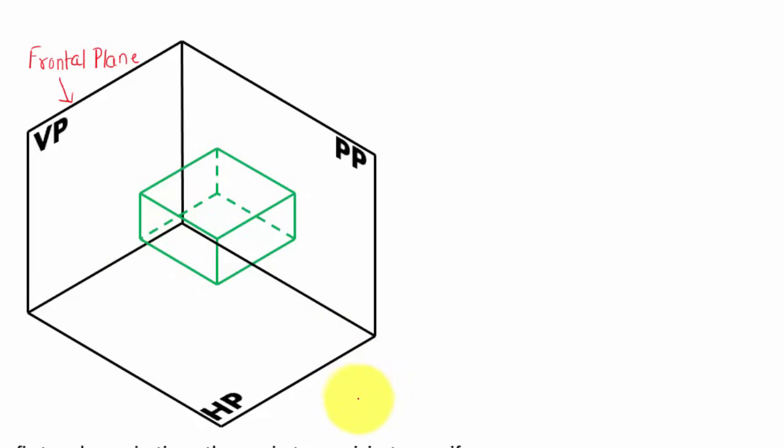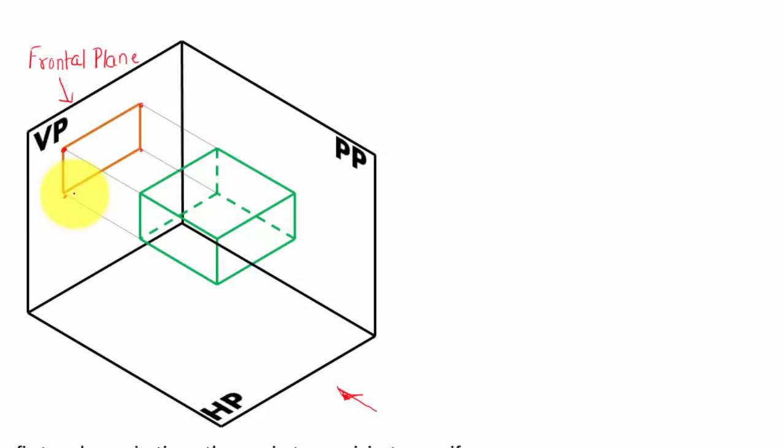Fine, we're going to initially look at this object from here, so that's going to be our direction of viewing for having the front view. And let's say that rays of sight or projectors are going to emerge in this direction until they strike this vertical plane. So these are the points at which it's going to be struck, and when all these points are joined in proper sequence, you're going to have a view.